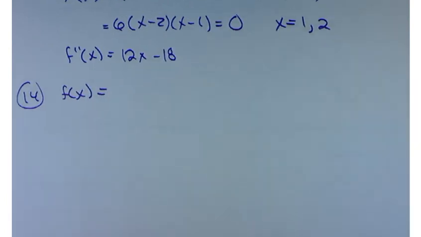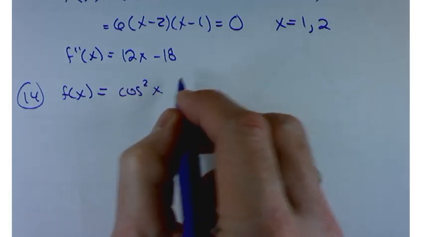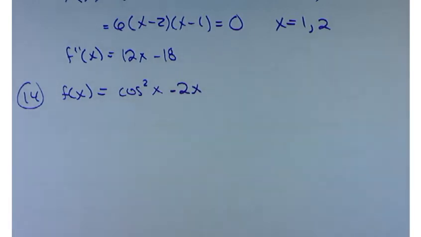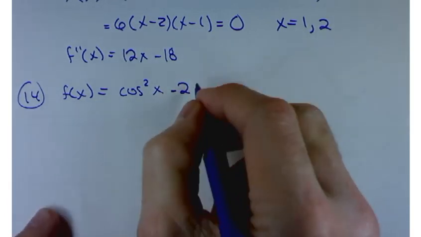f of x is cosine squared of x minus 2x, or excuse me, 2 sine of x. Rats. 2 sine of x.